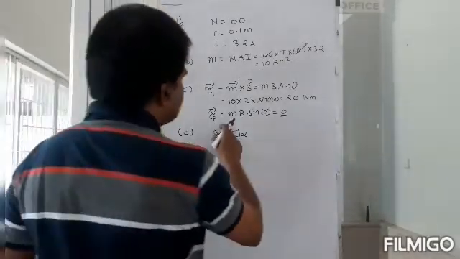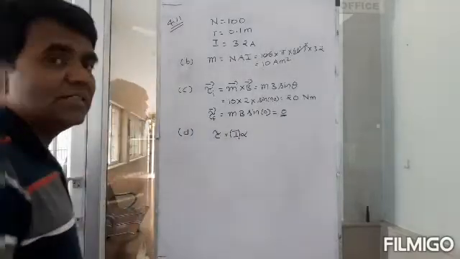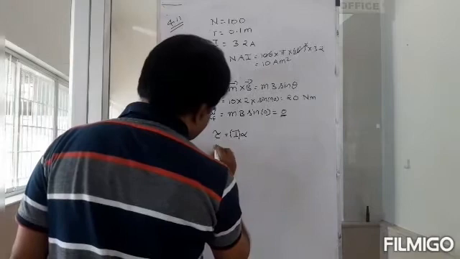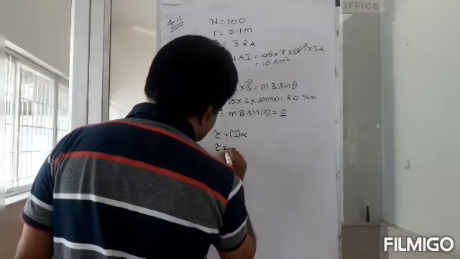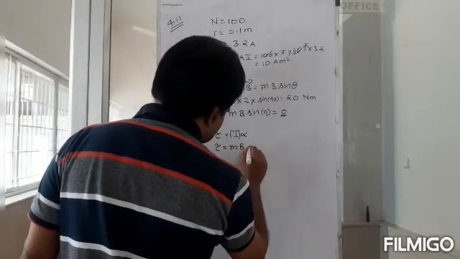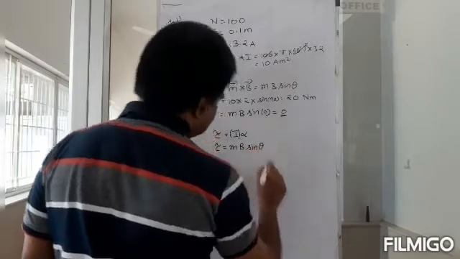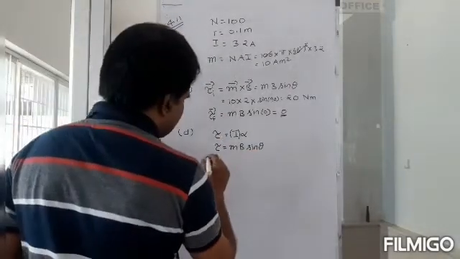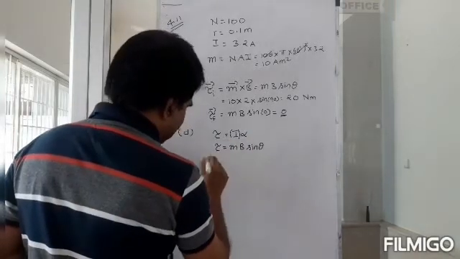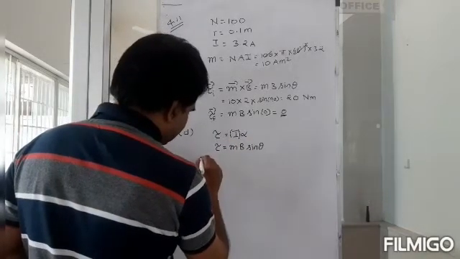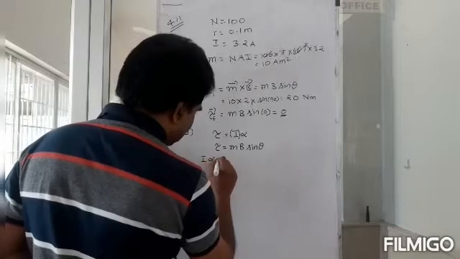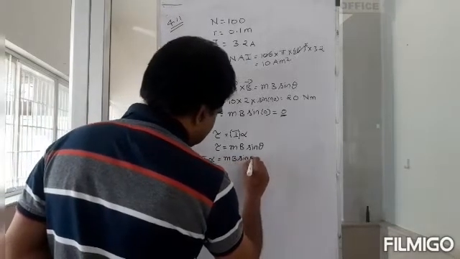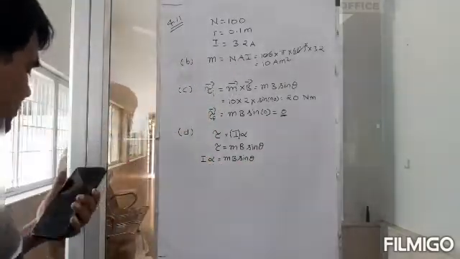But what is tau? Tau is mb sine theta, right? Can I equate these two? So then I will say that I alpha is equal to mb sine theta.